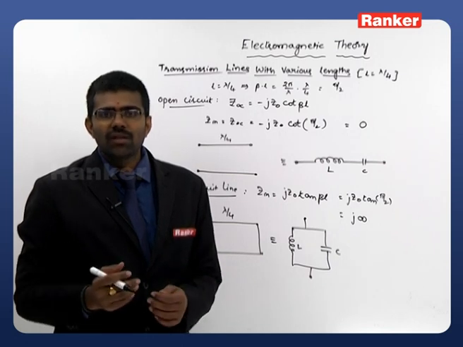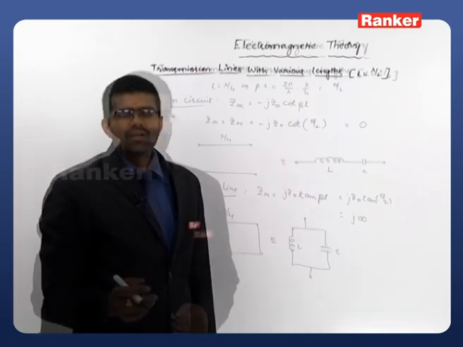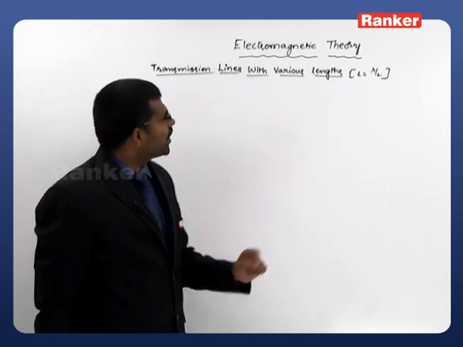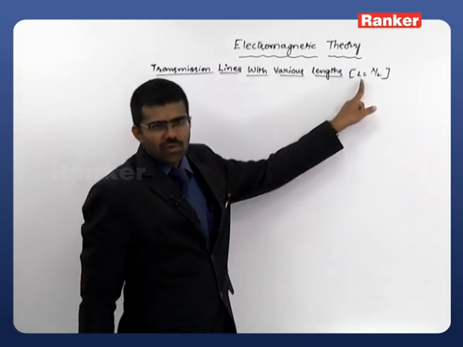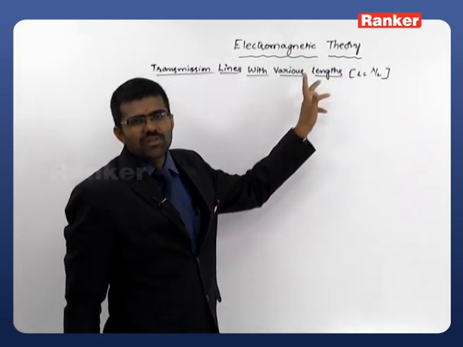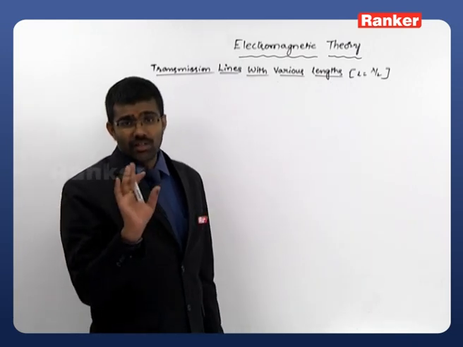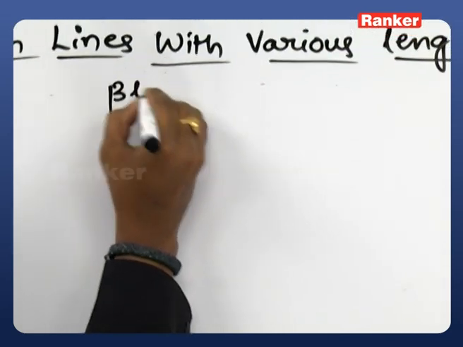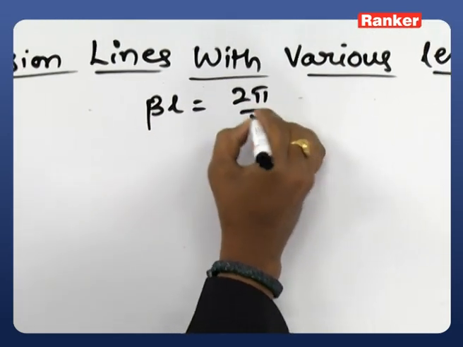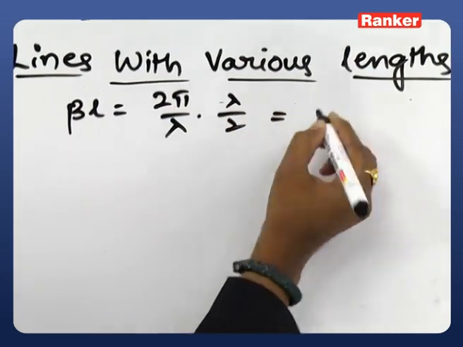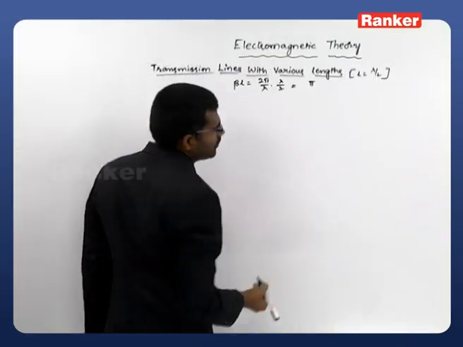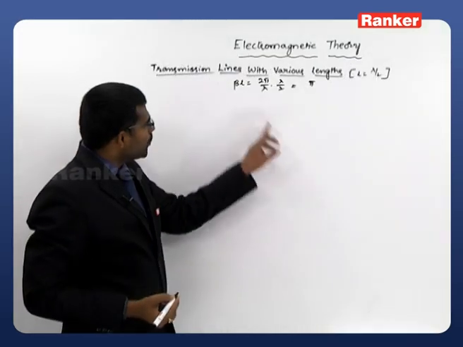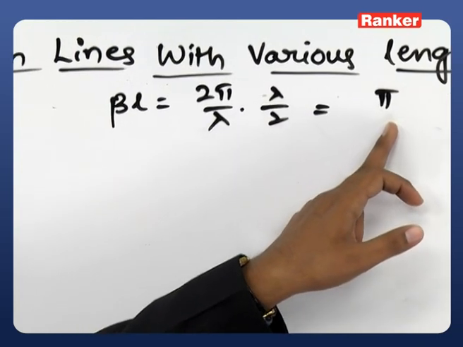Say lambda by 2 line, we will observe that lambda by 2 line also. Now a similar type of analysis will be done for length lambda by 2 also. Now what I am doing is I am considering a transmission line with length lambda by 2. I don't want to vary the length. If L is equal to lambda by 2, then what is the electrical length beta L? Beta L is equal to 2 pi by lambda multiplied by lambda by 2. Just it is pi. So whatever may be the case, I am supposed to substitute beta L is equal to pi.